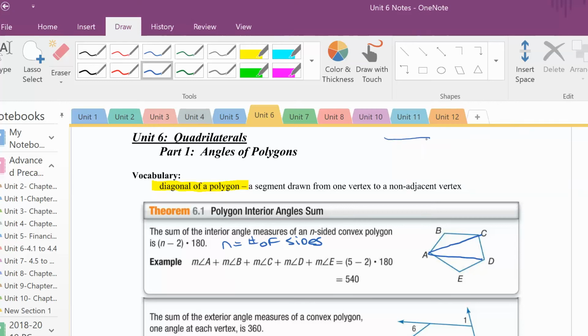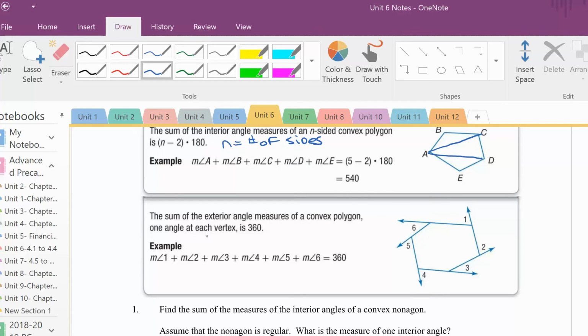If you were talking about a quadrilateral, you could separate it into two triangles. So the number of triangles you can make in a figure is always going to be the number of sides minus 2.